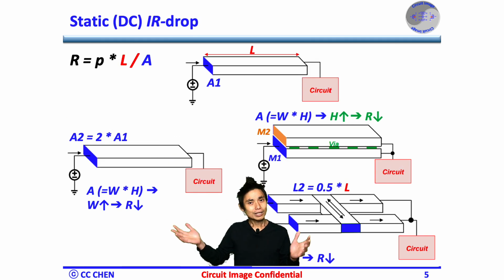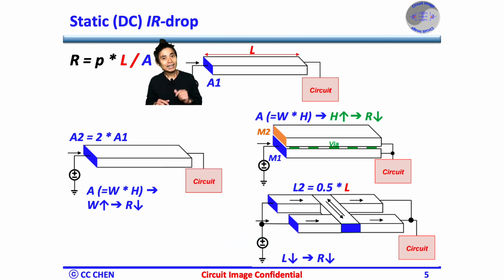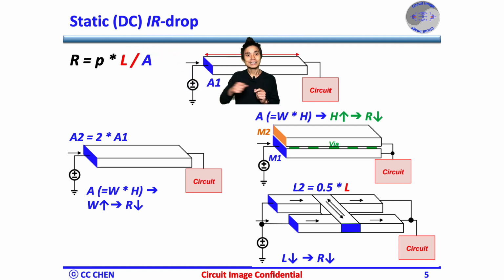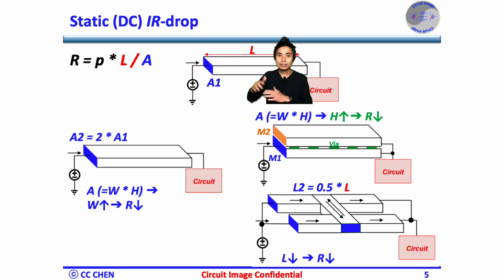Correct. We cannot reduce the DC current of the circuitry, and it's likely due to the resistance being too much. What should we do? Think about the metal resistance for 5 seconds. Yes, a bigger cross-section area or a shorter routing length should decrease the resistance.